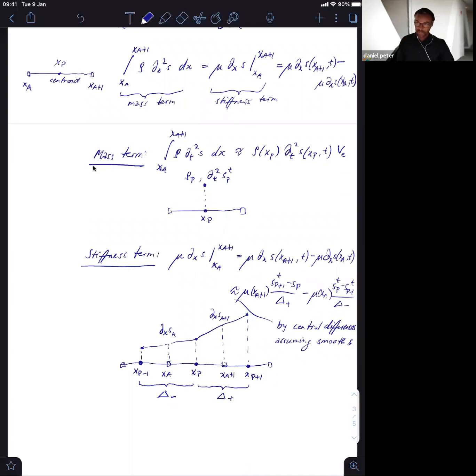So it's different to the above problem where we had the advection, where if you allow for a jump of the quantity, then we need to look into solving it with a Riemann problem. Here we assume that we have a smooth solution field S displacement. And then we can make these approximations of the derivatives at the boundaries. Is it clear so far?